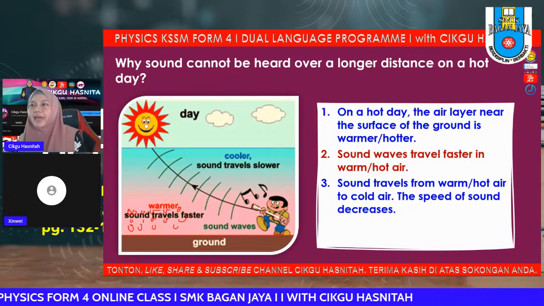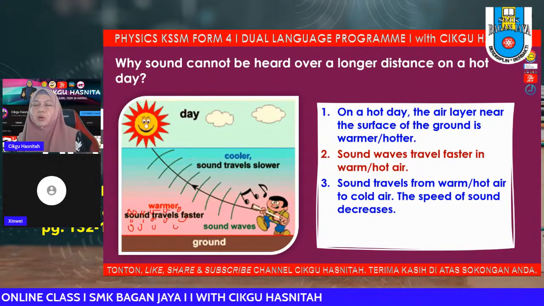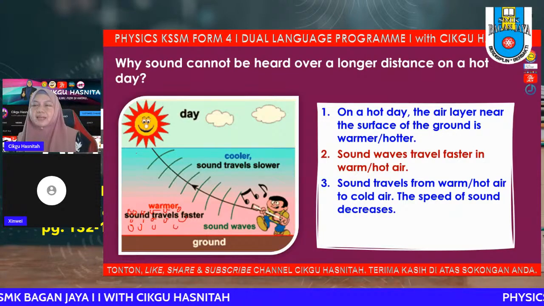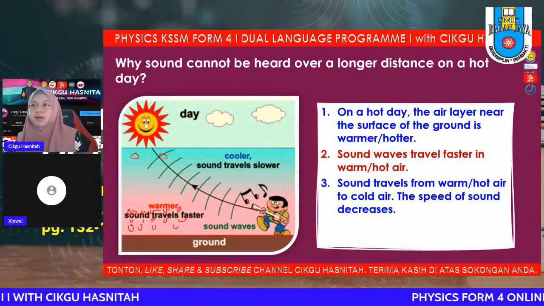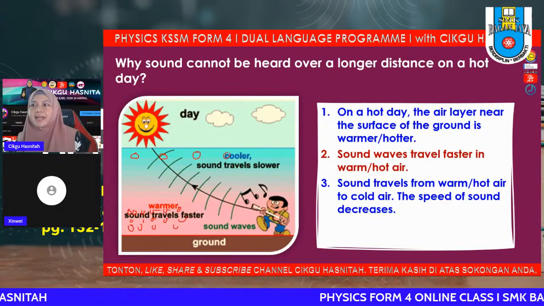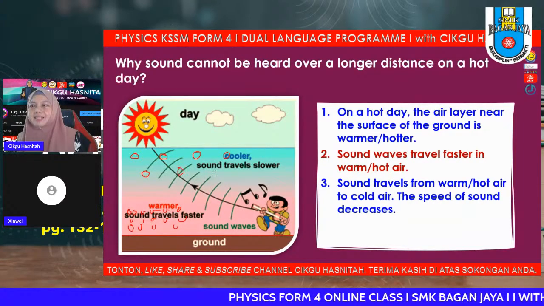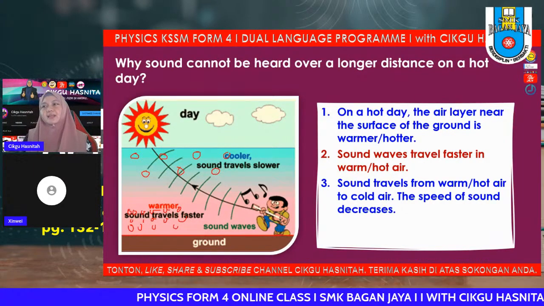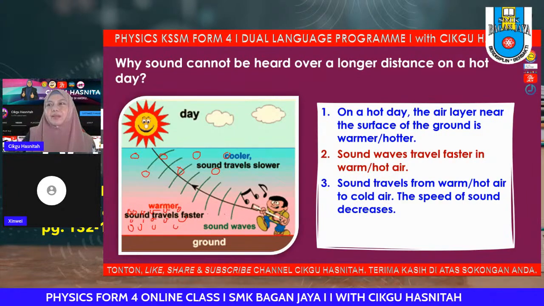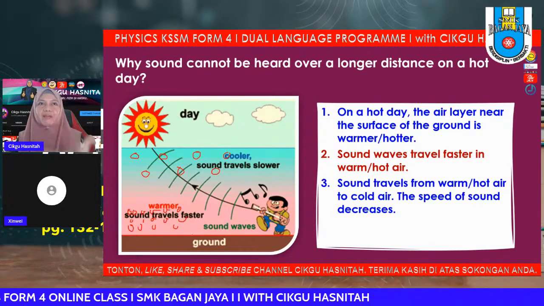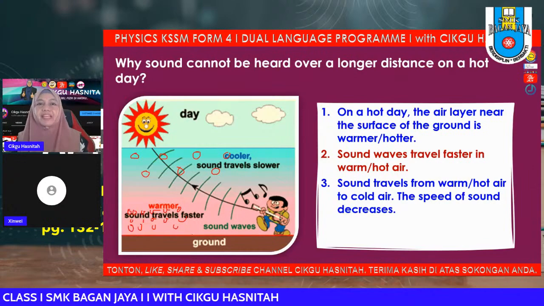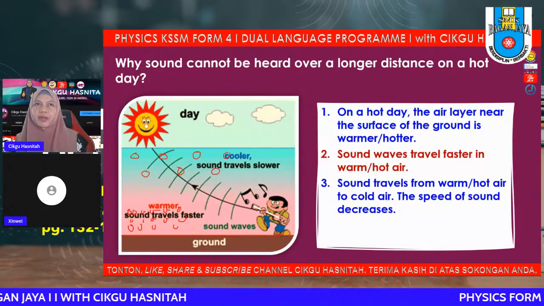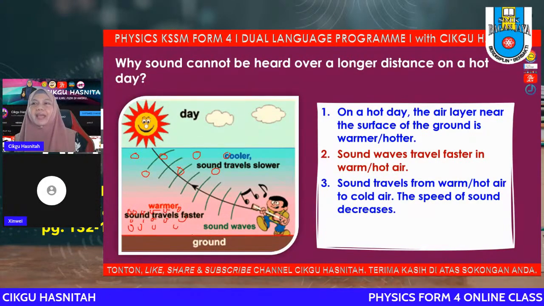So in cool air, less dense. Okay, cool air ini less dense. So dia punya air molecule is less compared to warm air. So for sound waves to travel, they require a medium, a particle.